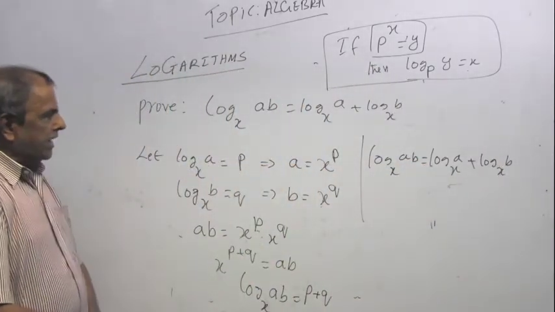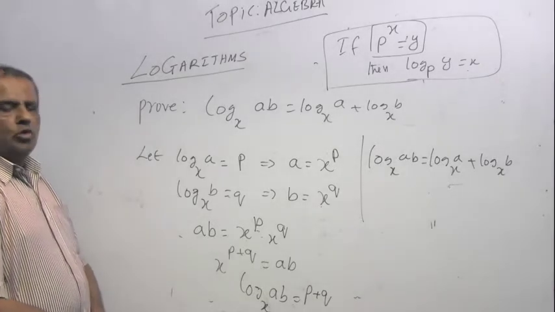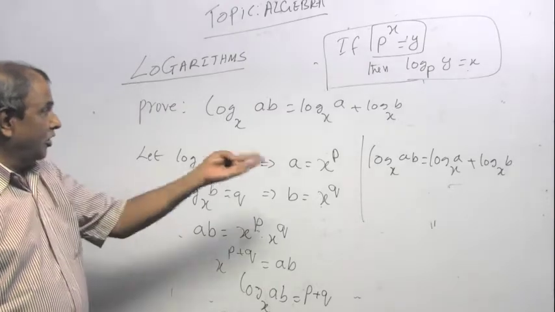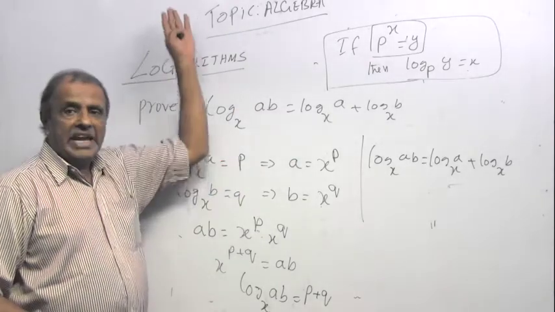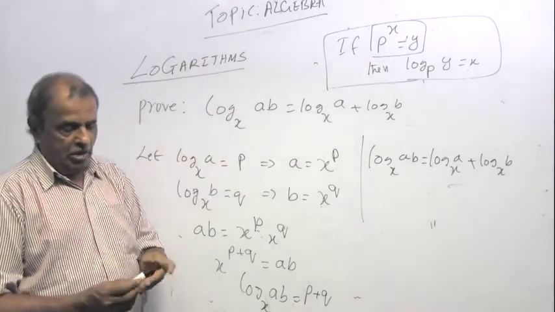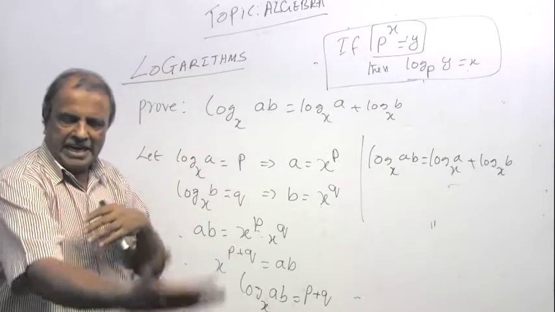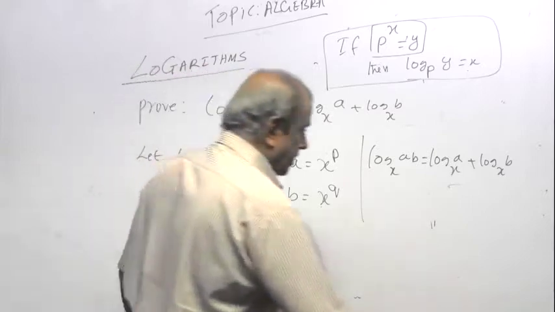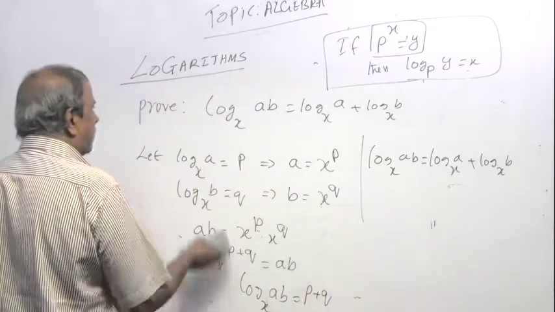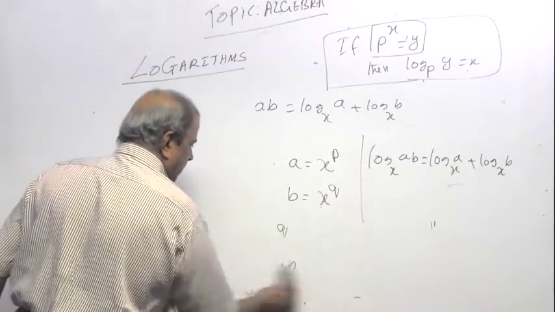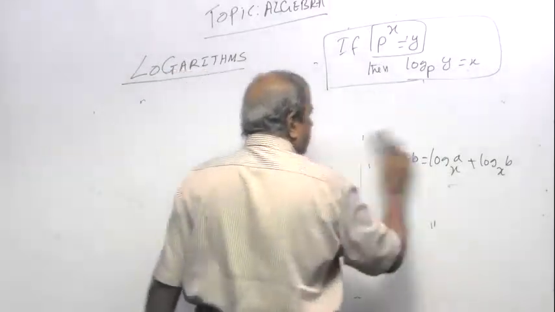I have purposely not given one important rule in logs, which I will take up shortly. So you can try yourself proving the other rules, like log of a over b, log a minus log b, and then log of a power n is n log a, and so on. But there's one important rule of logs which I have not proved.